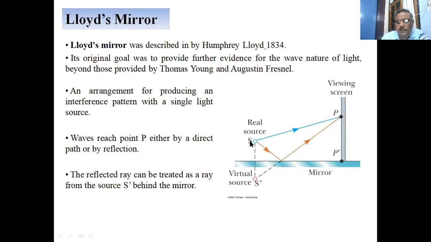Since the image of this source is formed behind the mirror, when we extend the reflected light, we see that the rays meet at the point S dash, which is the virtual source. So light coming from the original source S and the virtual source S dash is made to interfere at the point P on the screen.